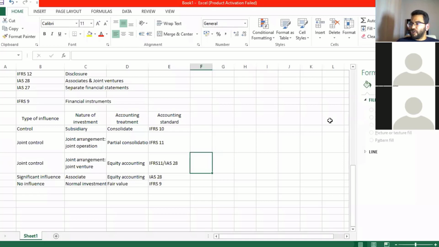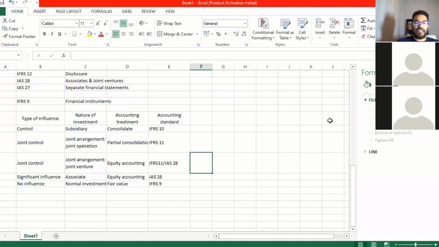So no questions. Just to recap before we move on to the final part of this lesson, there are two more parts I want to cover. We covered three things so far. We covered the purpose of group accounting. We covered the various accounting standards, and then we also covered a table that shows you the type of influence, the type of investment, and the accounting treatment, and also explains the accounting standard that is relevant to the type of influence.